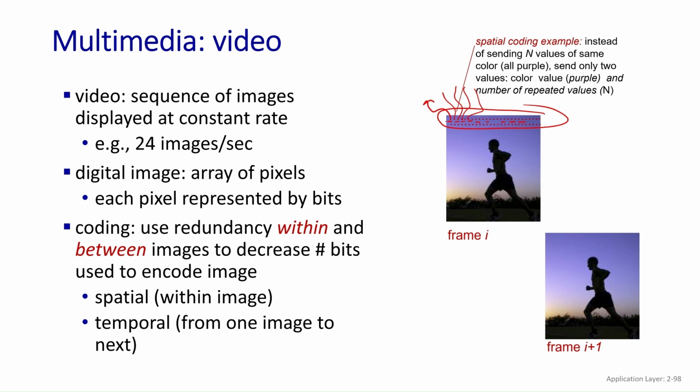So one value representing this color, and the next value represents N number of repeating values, right? This is known as spatial encoding. Encoding in space means encoding within an image, right? Spatial encoding is an encoding that we implement within an image.